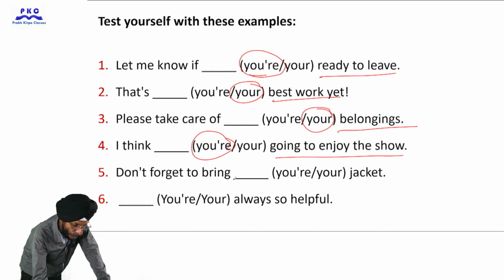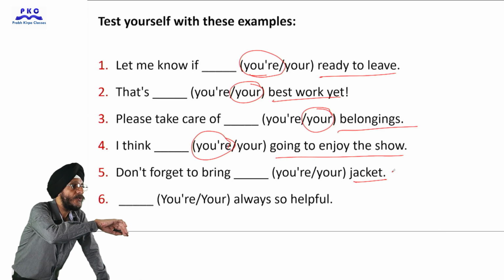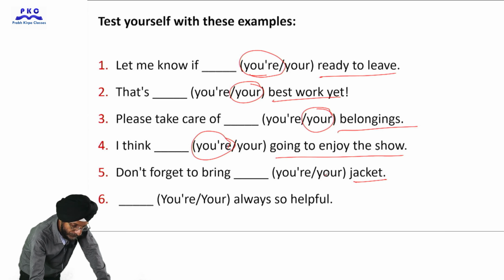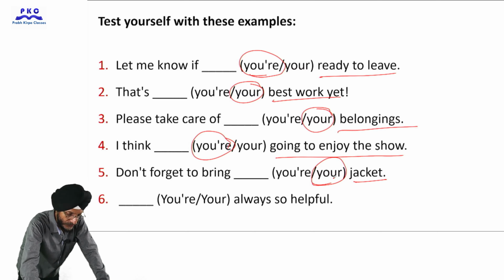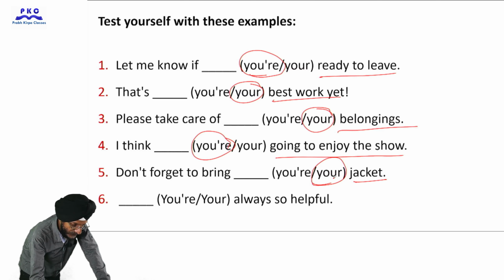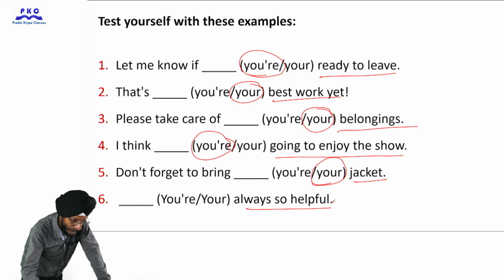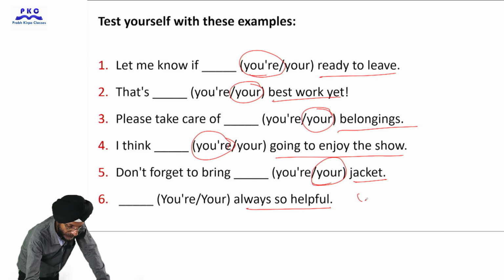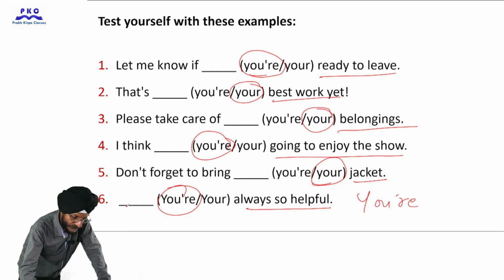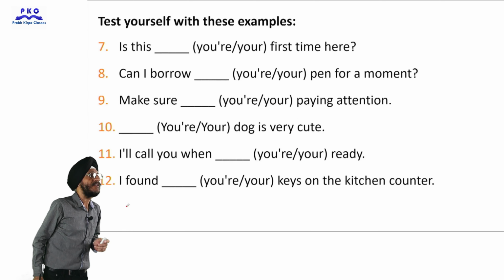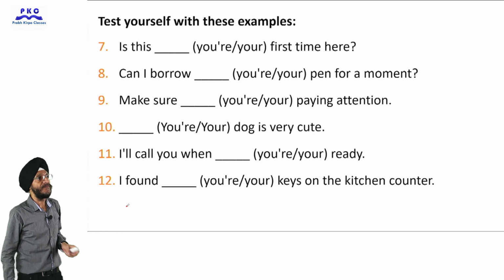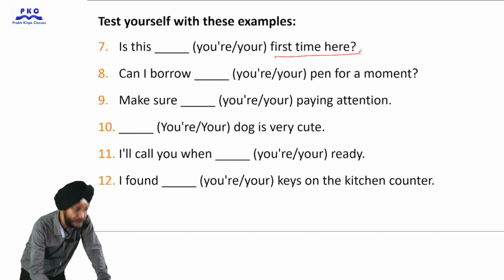Do not forget to bring dash jacket. Jacket belongs to you, possession, possessive form, your. Do not forget to bring your jacket. Dash always so helpful. You're always so helpful.